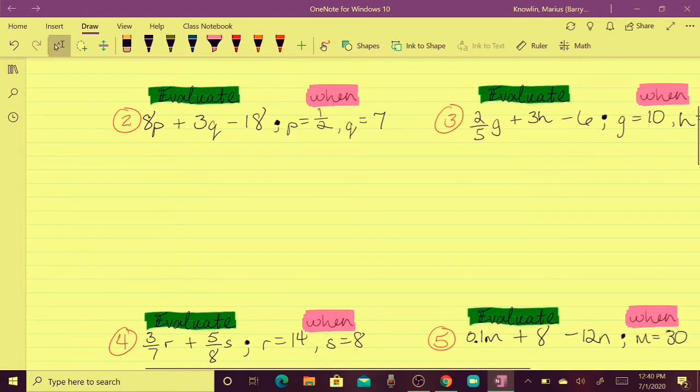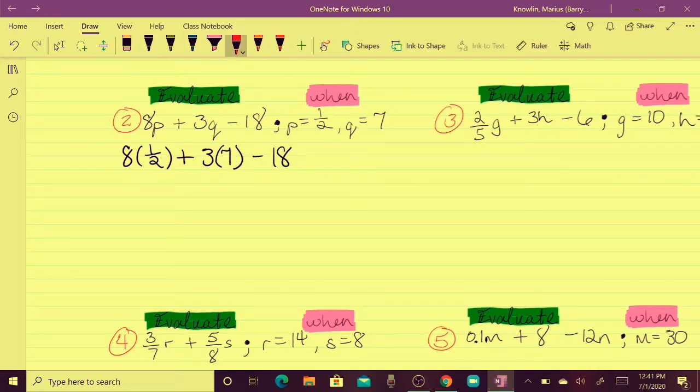Number 2 says evaluate 8 times p plus 3 times q minus 18 when p equals 1/2 and q equals 7. So let's go ahead and rewrite our expression. 8 times 1/2 plus 3 times 7 minus 18.